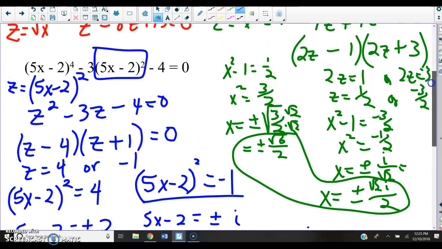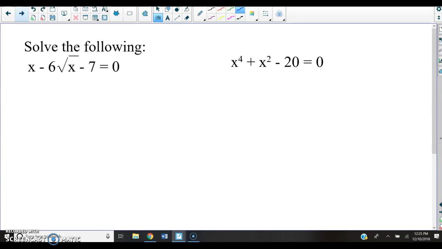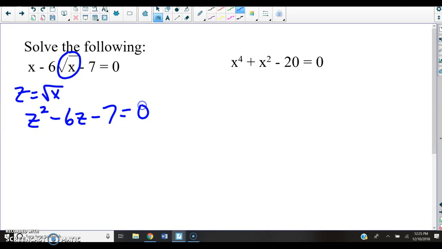Ready? So if we're going to solve these, okay, again, here's my linear part. There's the variable. So my z is going to be the square root of x. So my equation would become z squared minus 6z minus 7 equals 0.